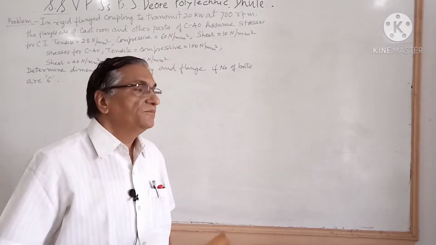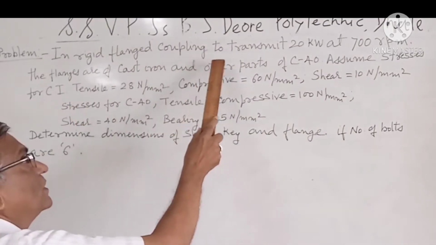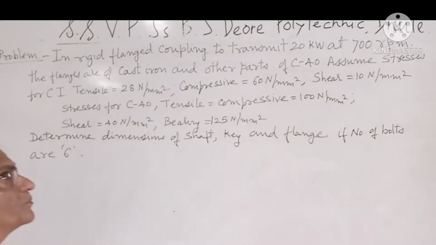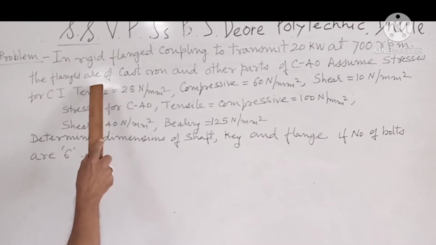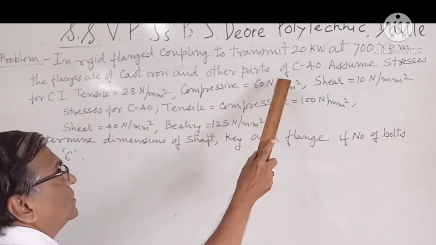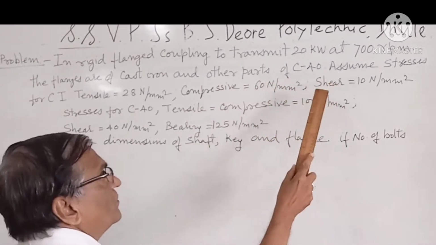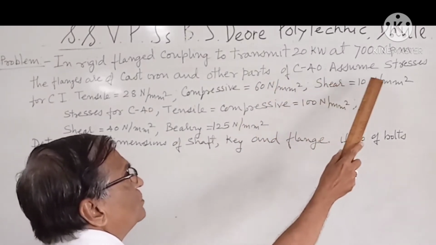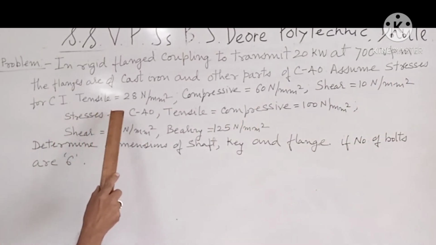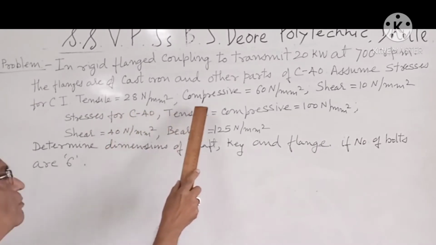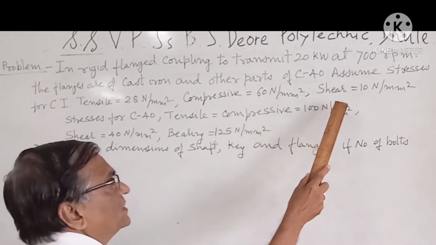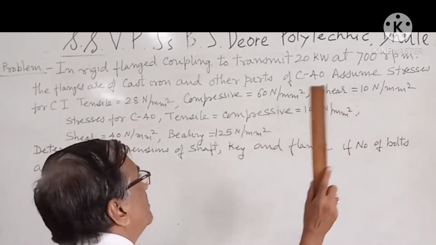Let us take the problem. In a rigid flange coupling, to transmit 20 kilowatt at 700 rpm, the flanges are of cast iron and other parts of C40 steel. Assume stresses for cast iron: tensile stress equal to 28 Newton per mm square, compressive stress equal to 60 Newton per mm square, shear stress equal to 10 Newton per mm square.